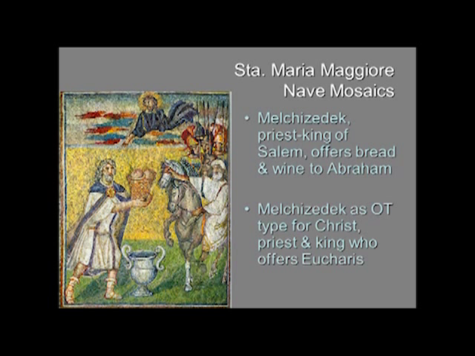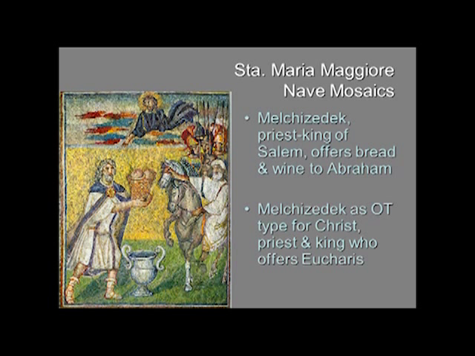Melchizedek is a priest king of Salem, presumably of Jerusalem. And as Abraham is setting out to go to battle, Melchizedek, the priest king of Salem, offers bread and wine to Abraham. So Melchizedek is seen as the Old Testament type for Christ, the priest and king who offers his body and blood.